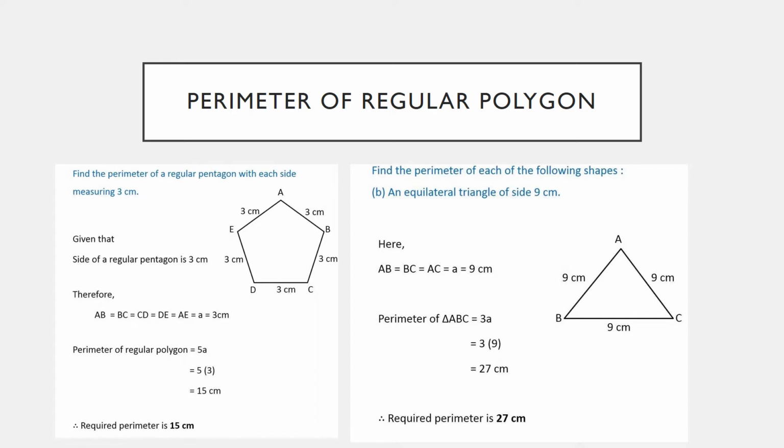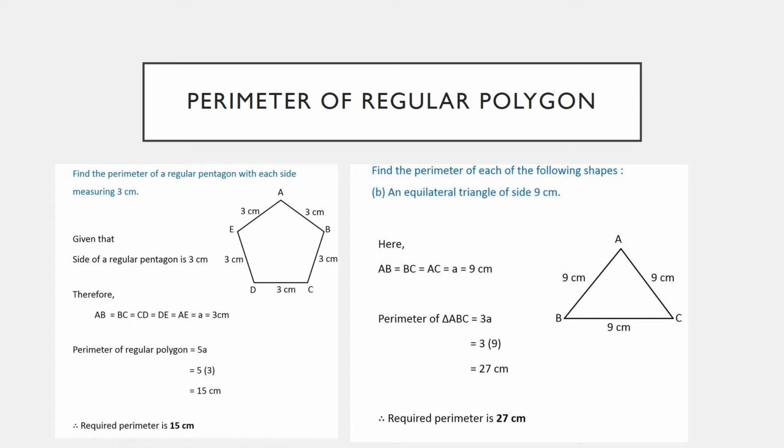Suppose you take the pentagon side as A, then the perimeter of regular pentagon will be given by 5 into A. A, that is one side, is given as 3 centimeter. So 5 into 3 comes out to be 15 centimeter. So the perimeter of this pentagon will be 15 centimeter.